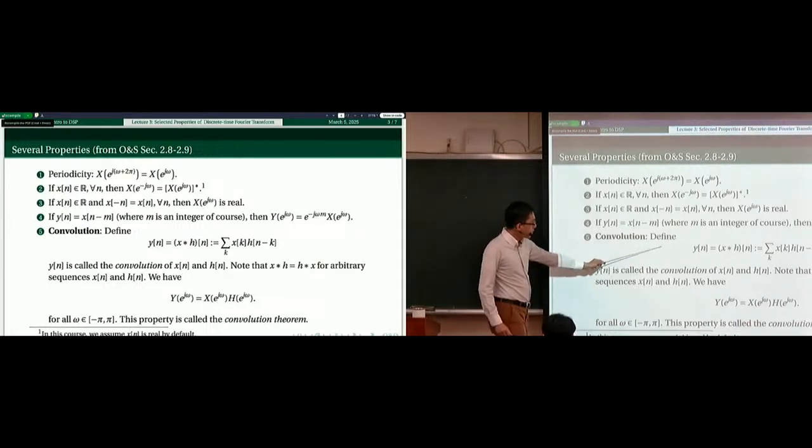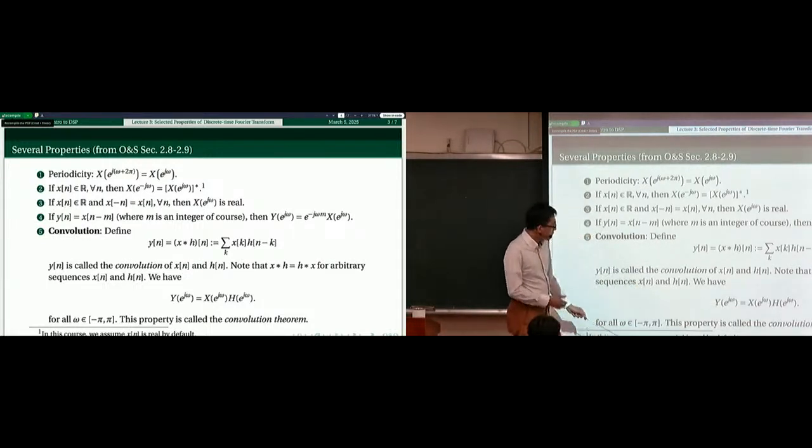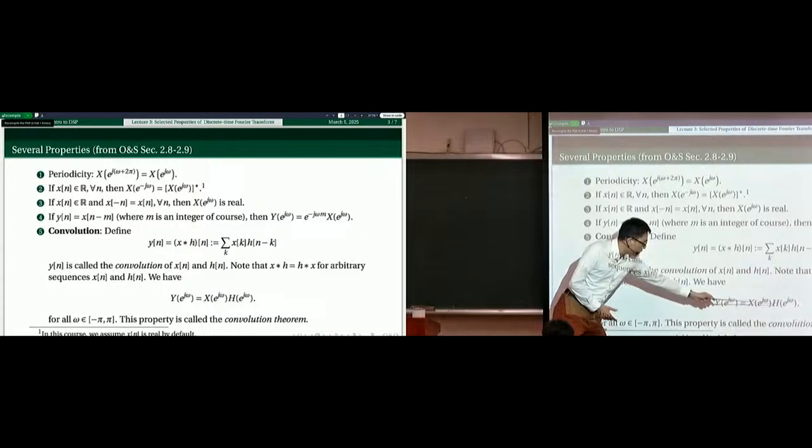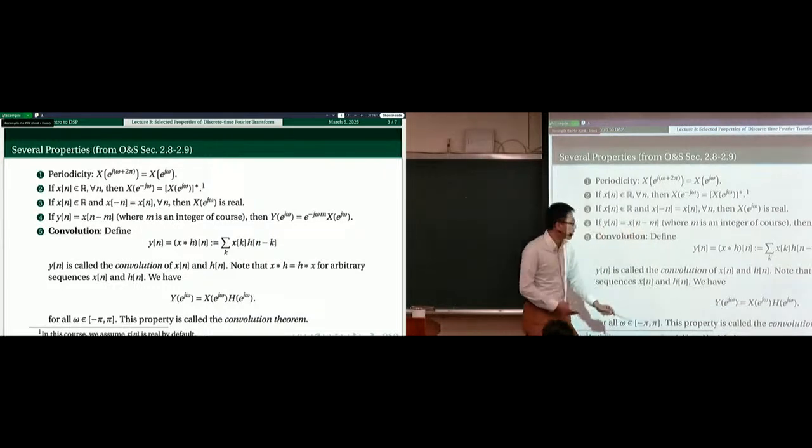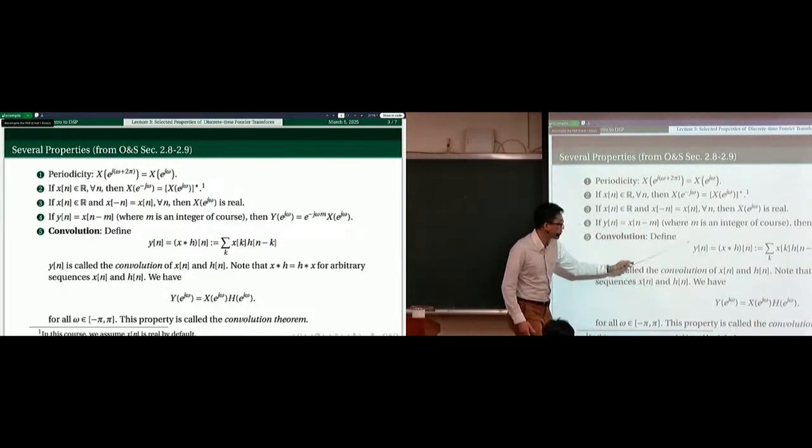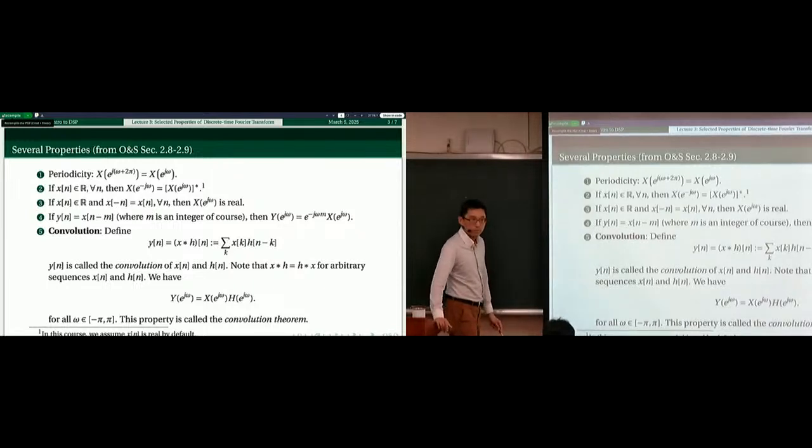We can show that in the frequency domain, we take the product of the two spectrums, and the result is the spectrum of the convolution. For all omega, this property is called the convolution theorem.